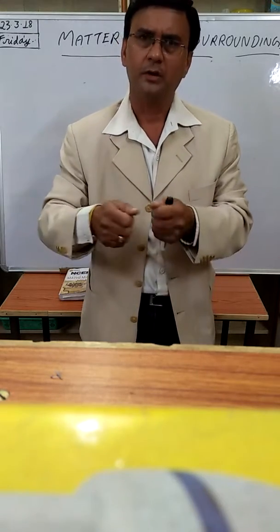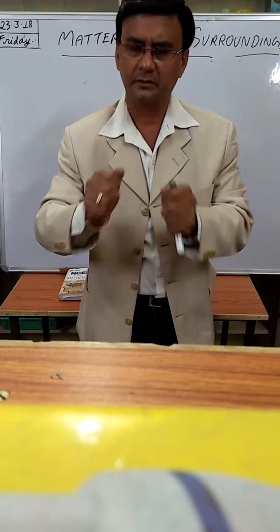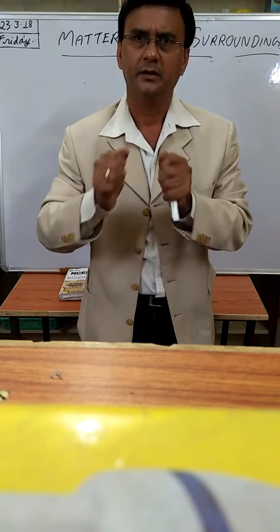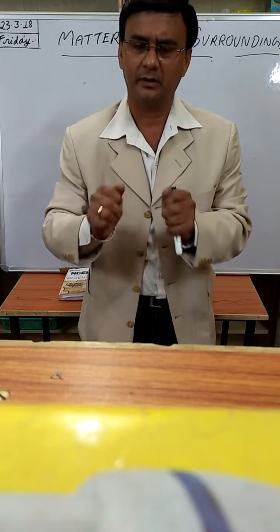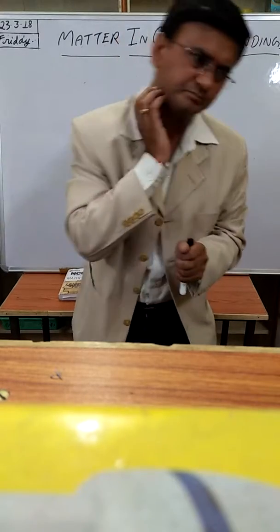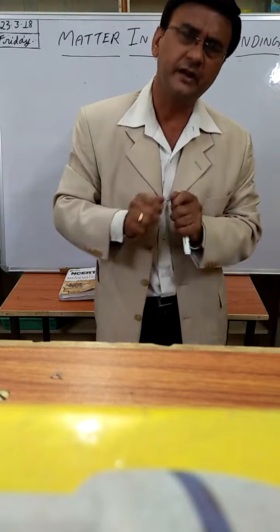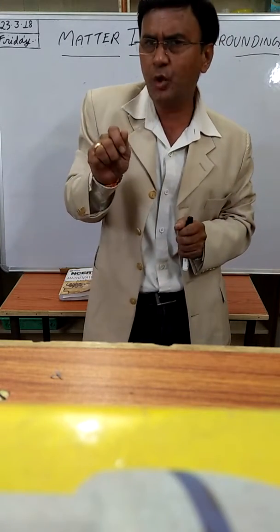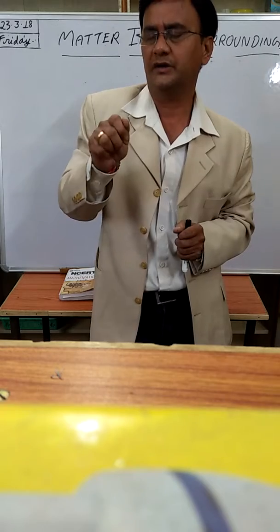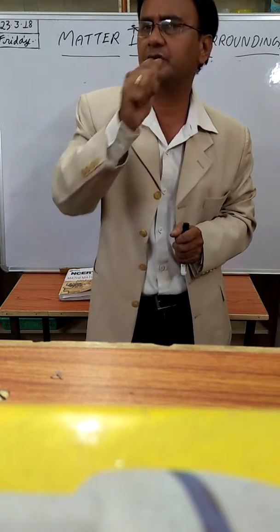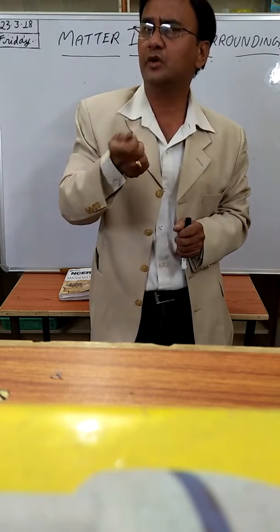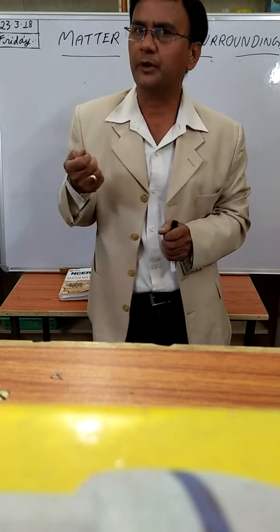You can also feel it: if you move the LPG cylinder like this, you will feel there is a liquid in it. But as you open the knob of the cylinder, there is no liquid; the gas comes out.